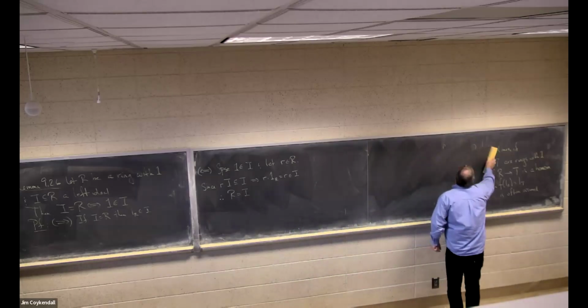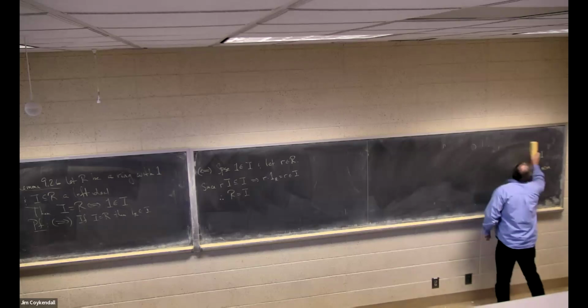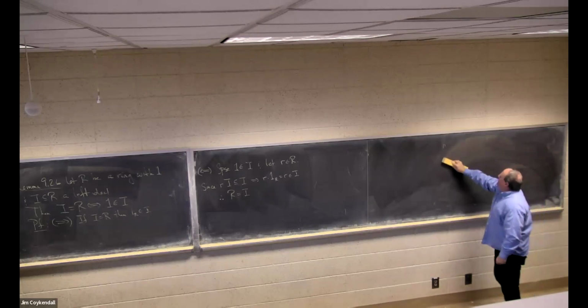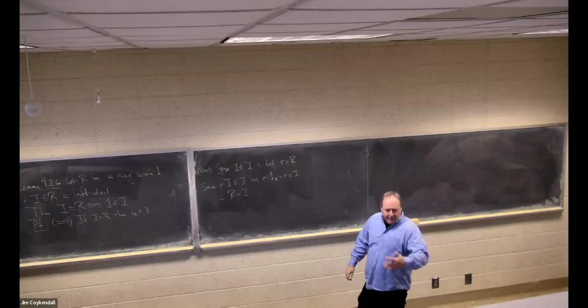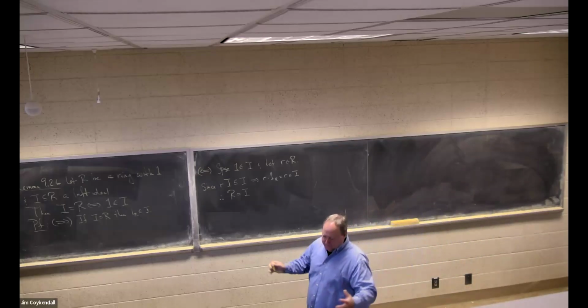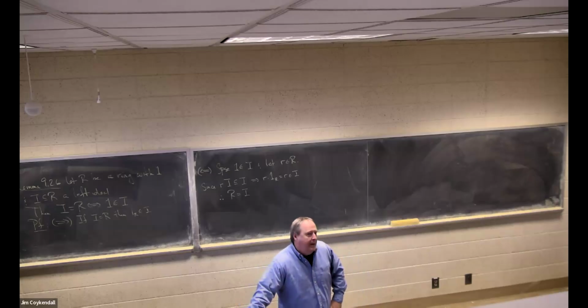Okay, so I know I've mentioned this, not too much of a spoiler then. Ideals, and when I say ideal, I mean both left and right ideal, so a two-sided ideal. This is the analog of the normal subgroup, right?